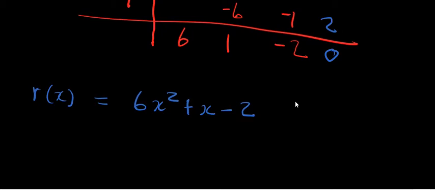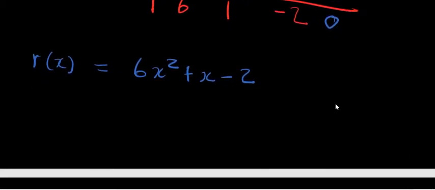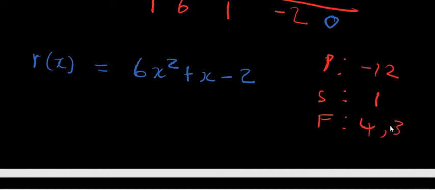Now to work out this one, this is a quadratic expression. A quadratic expression can be worked using so many ways, but in this case I can try out product, sum and factor. The product here is going to be -12, the sum will be 1, and then I'm sure the factors will be 4 and 3, of which 3 will be negative. So after doing that, I can simply work out these guys.